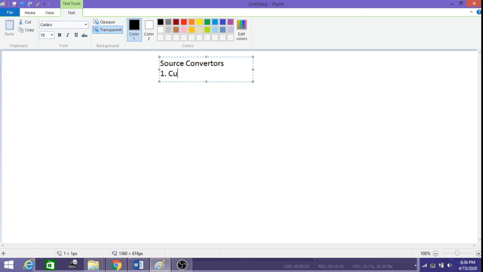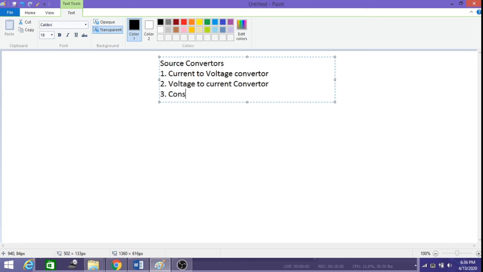First we are going to see the current to voltage converter. Let me expand this. Second, voltage to current converter, and third, it is constant voltage source.